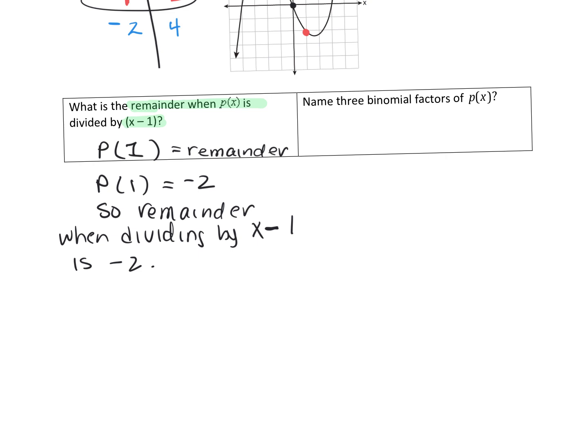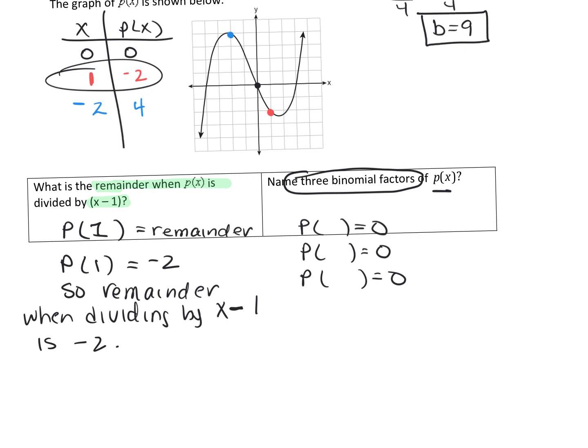Now, it says, tell me 3 factors, 3 binomial factors of this function. So I need to find all the x values that I could put into the function, and I would get 0. Because those will be where the factors are, because all of those would give me binomials that have remainders of 0. Can you guys find the 3 x values on this function where y is 0?